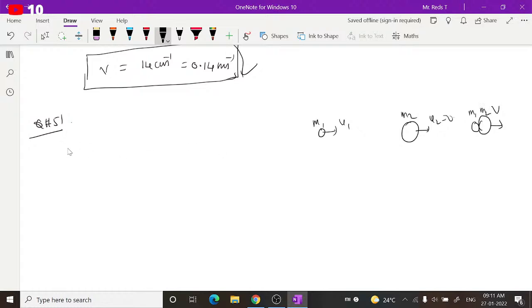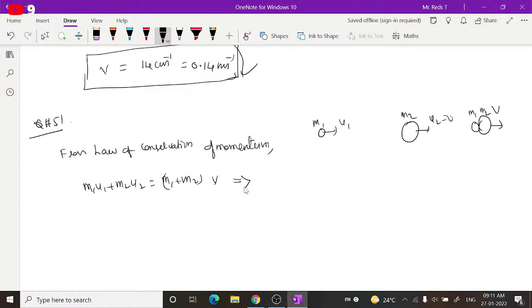According to the law of conservation of momentum, we can say that m1 u1 plus m2 u2 is equal to m1 v plus m2 v, or m1 plus m2 into v.